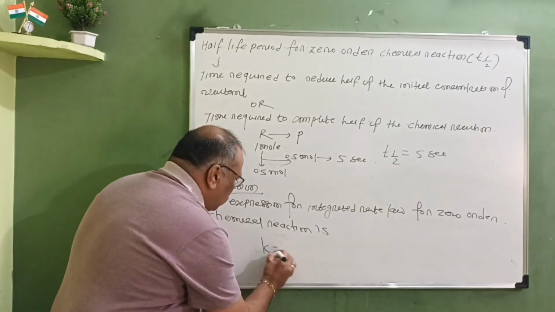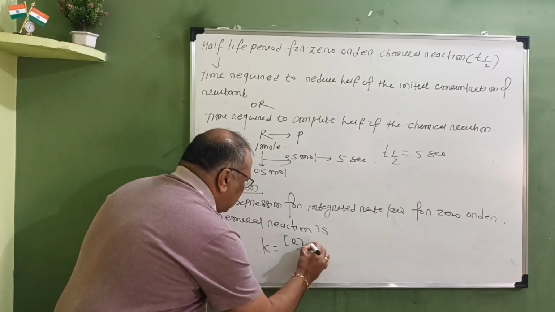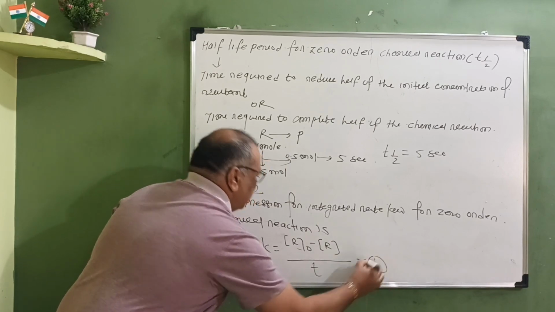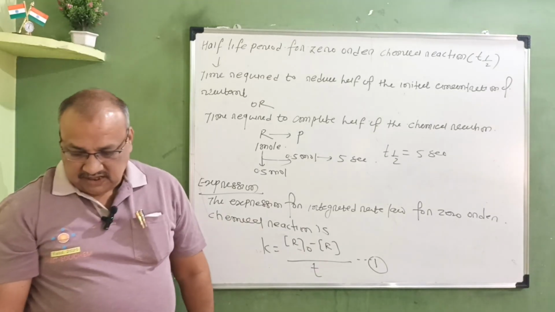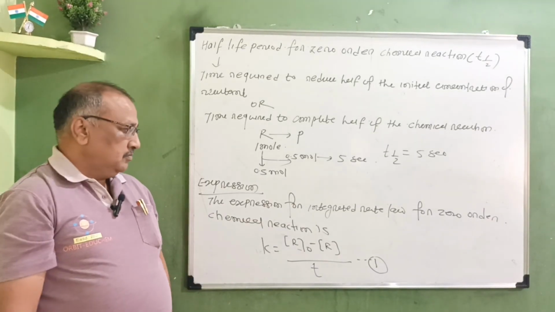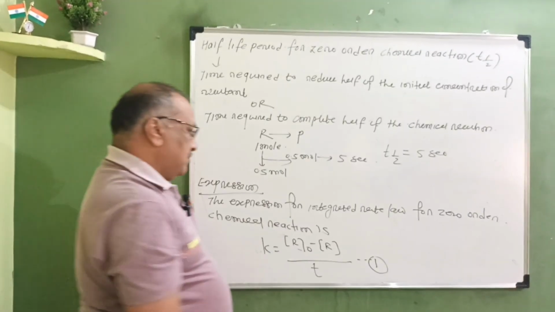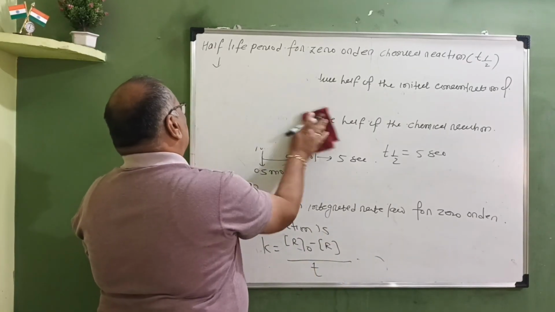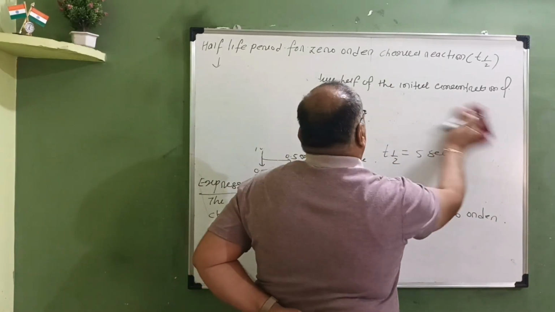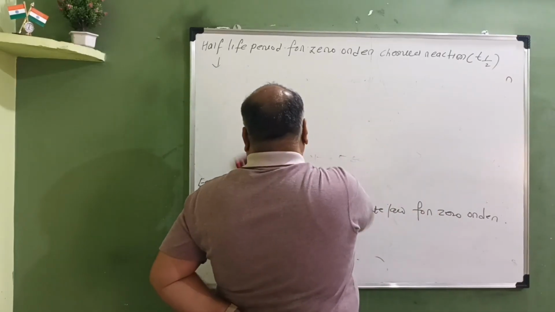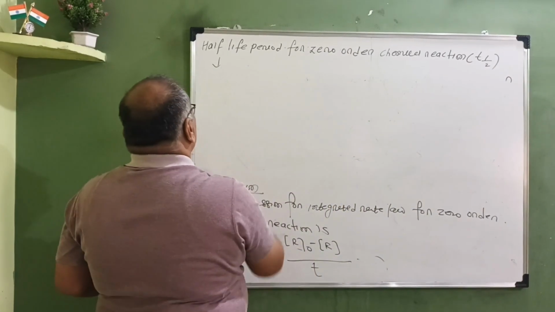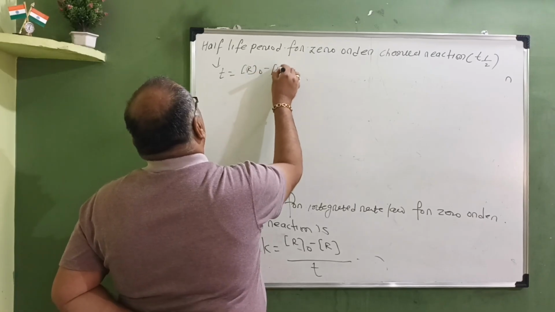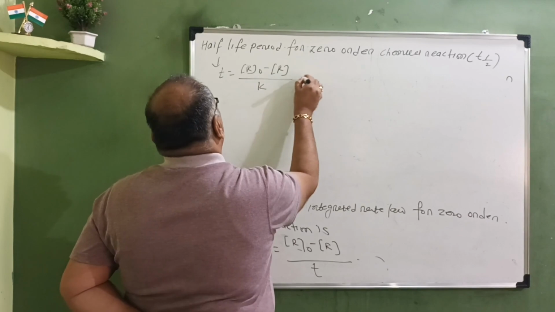It is K is equal to R0 minus R upon T. That means T is equal to R0 minus R upon K, equation number 1.